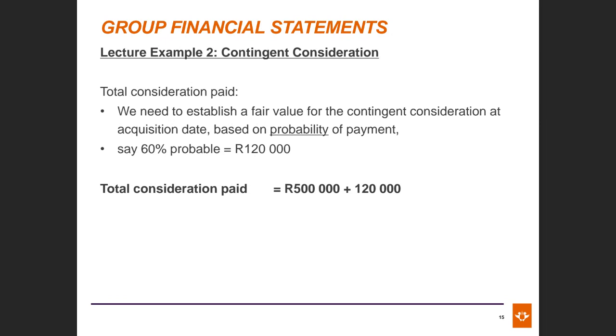So it's not something you will have to determine. We will always give you the probability in a question. So in this situation, the total consideration paid is 500,000 plus the 120,000 Rand, which is the contingent consideration.